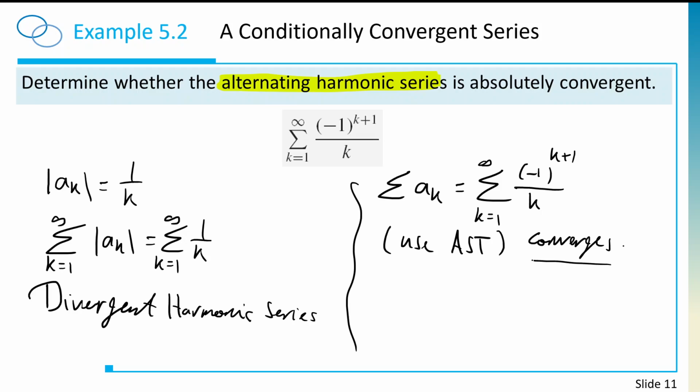So if it converges but not absolutely, I can say directly, hence the original series is conditionally convergent.